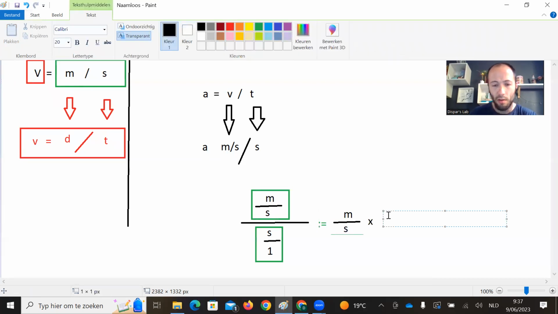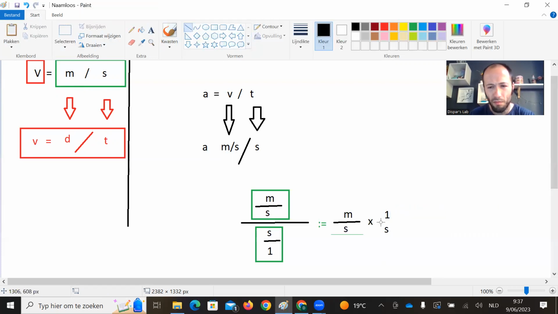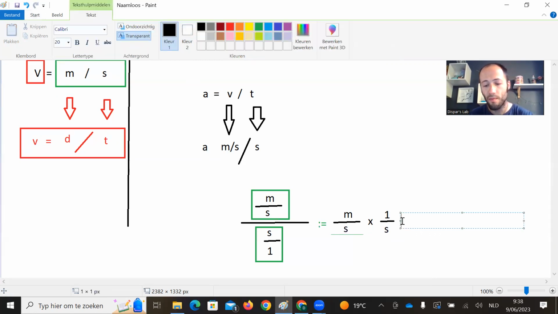So you have m times 1 over s times s, which equals m over s times s, seconds times seconds, or s squared.